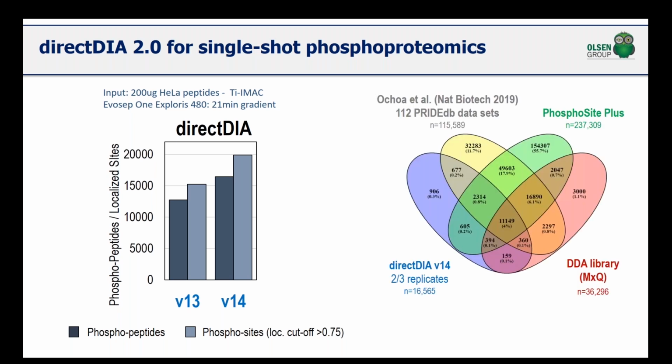And basically to test and see if all these additional identifications are actually trustworthy, we overlapped the datasets from the direct DIA analysis in version 14, and took all the sites that we could identify in at least 2 out of 3 replicates, so more than 16,000 of them.